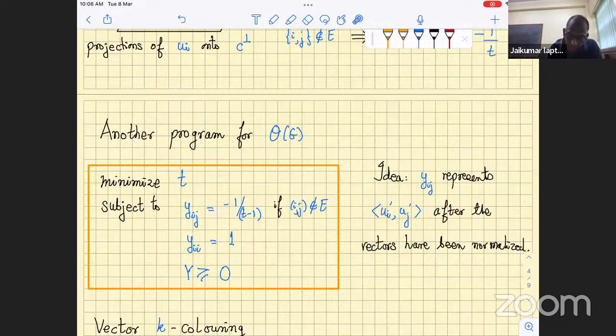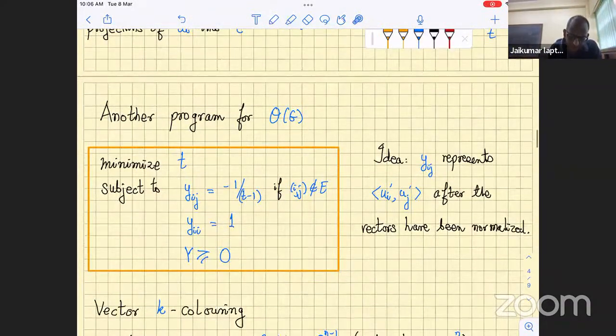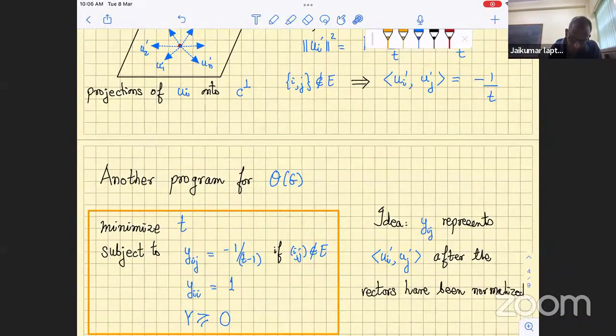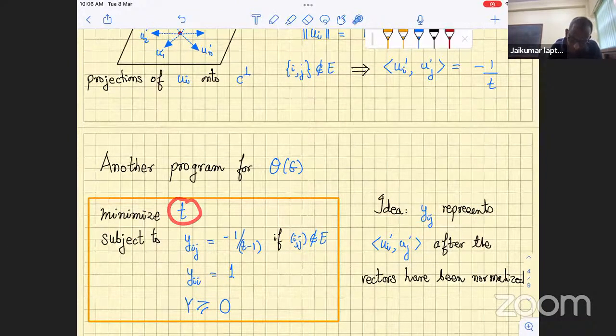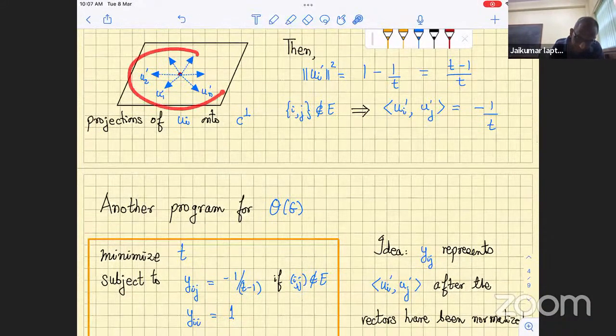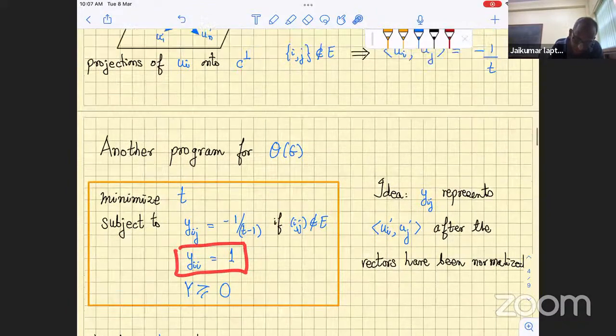So instead of solving the original semi-definite program for the theta function, which I haven't written, but trust me, the original definition of the theta function, we could say we are trying to minimize t such that we can find these vectors so that each of these vectors is a unit vector.